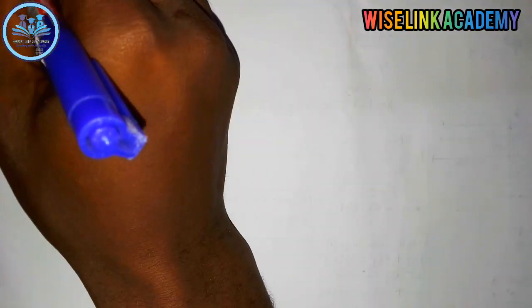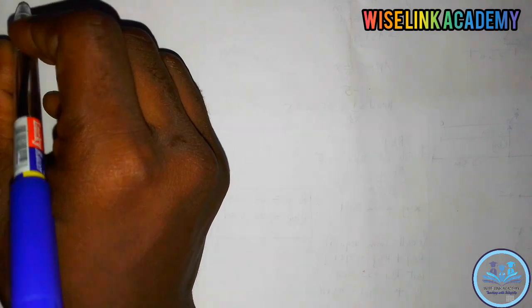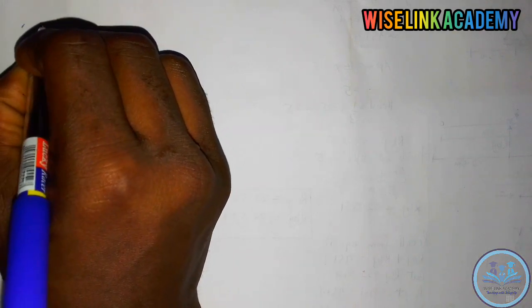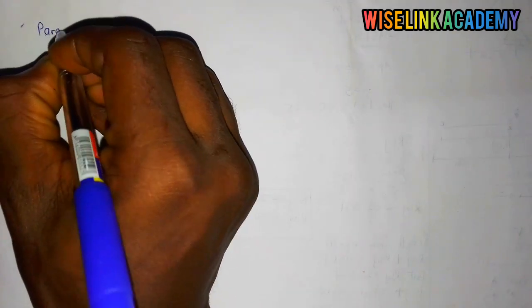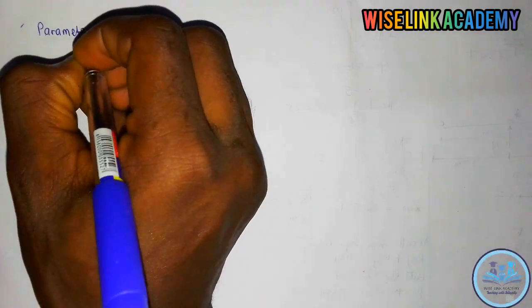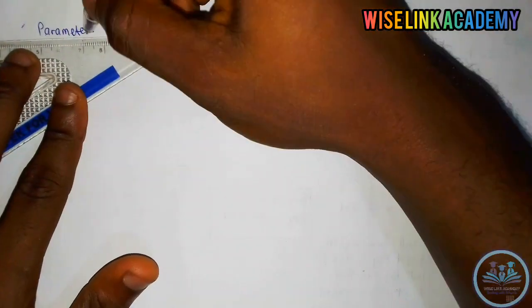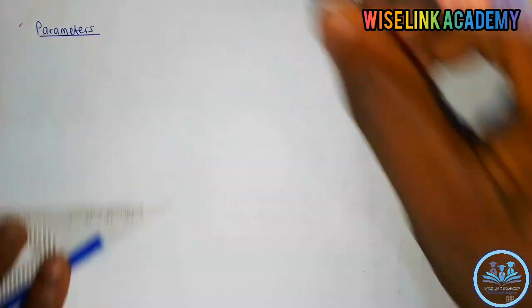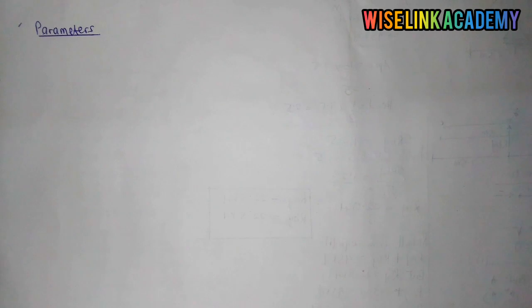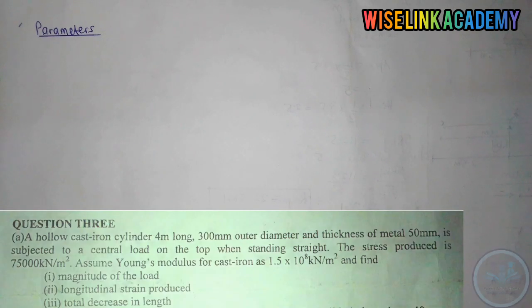Now if I proceed, writing out our parameters, that is the givens that are given to us in the question. A hollow cast iron cylinder 4 meter long.